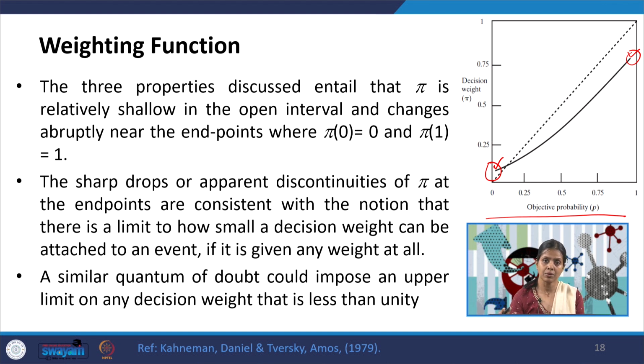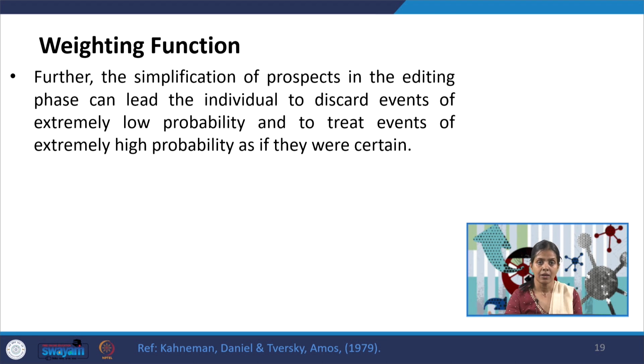We may not be able to assess properly how small a probability we should attach to an event which is nearly impossible, or how big a probability we should attach to an event which is nearly certain. Further, the simplification of prospects in the editing phase can lead the individual to discard events of extremely low probability and to treat events of extremely high probability as if they were certain. So, the alternative is that for extremely improbable outcomes, we can assign pi 0 equals 0 straight away, even though probability is not equal to 0.